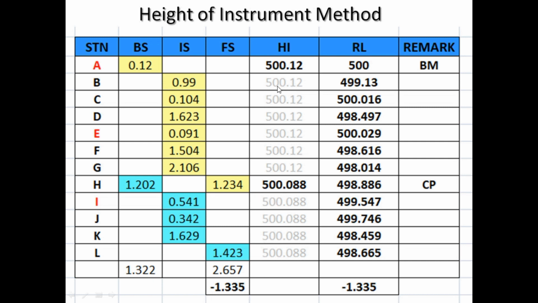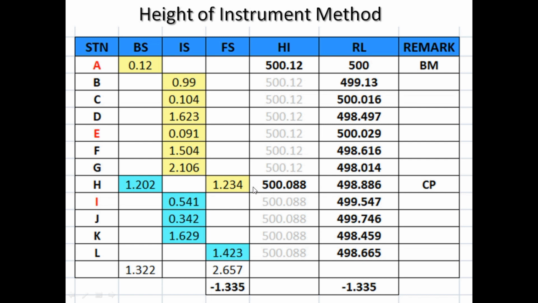You will see here in faint color the same value is written, 500.120. Since the same value is written, there is no use of writing the same value in the HI column. Therefore the normal practice is to write it in the beginning, and whenever it is changing you write the other value.